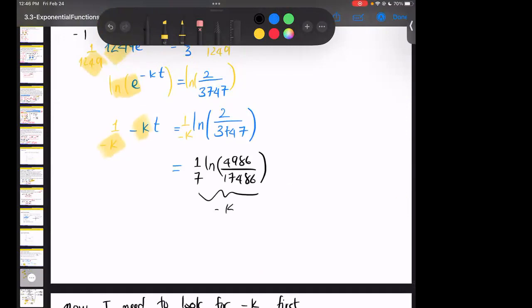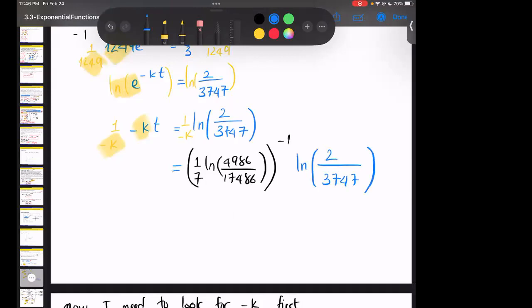You want the reciprocal of negative k, right? 1 over negative k. I'll do it like that, or you can put 1 over, it's the same thing. Times ln of 2 over 3747. That's my final answer.